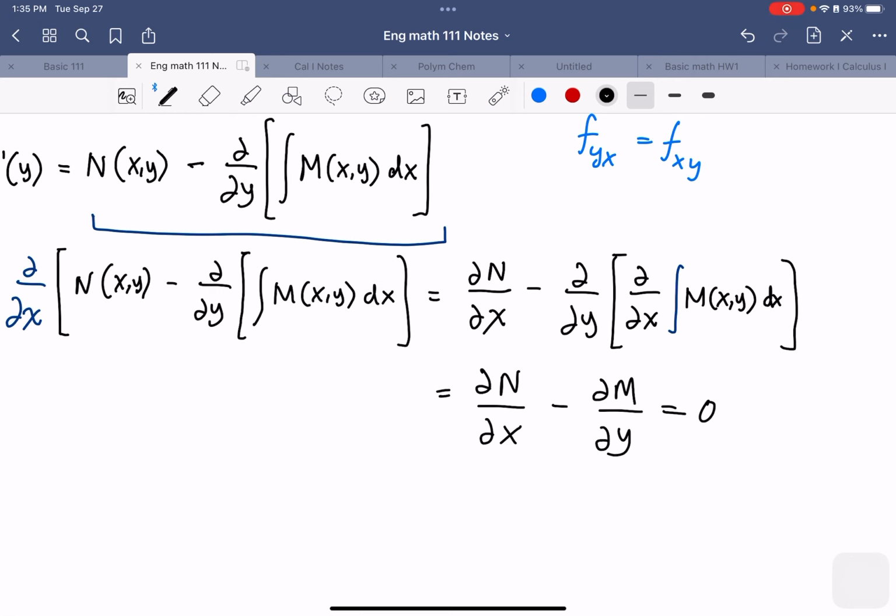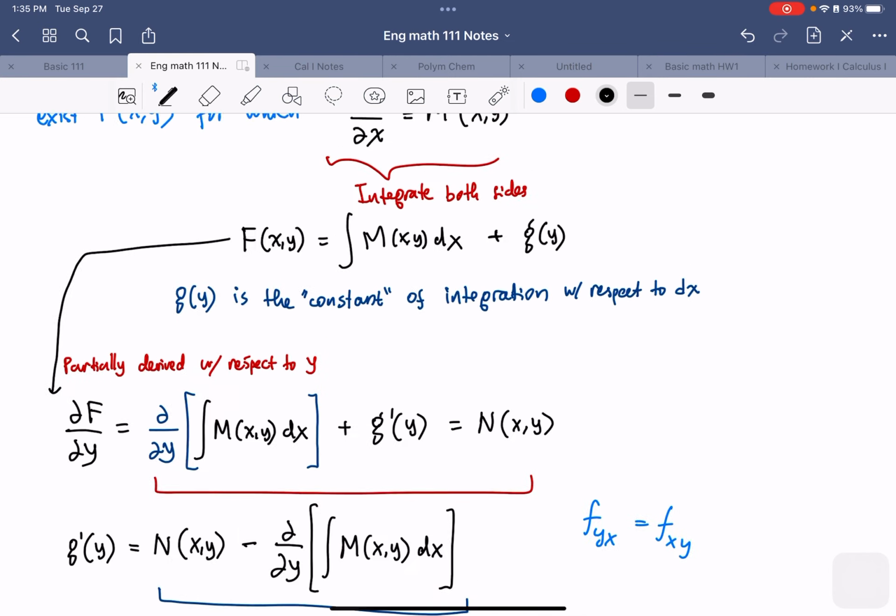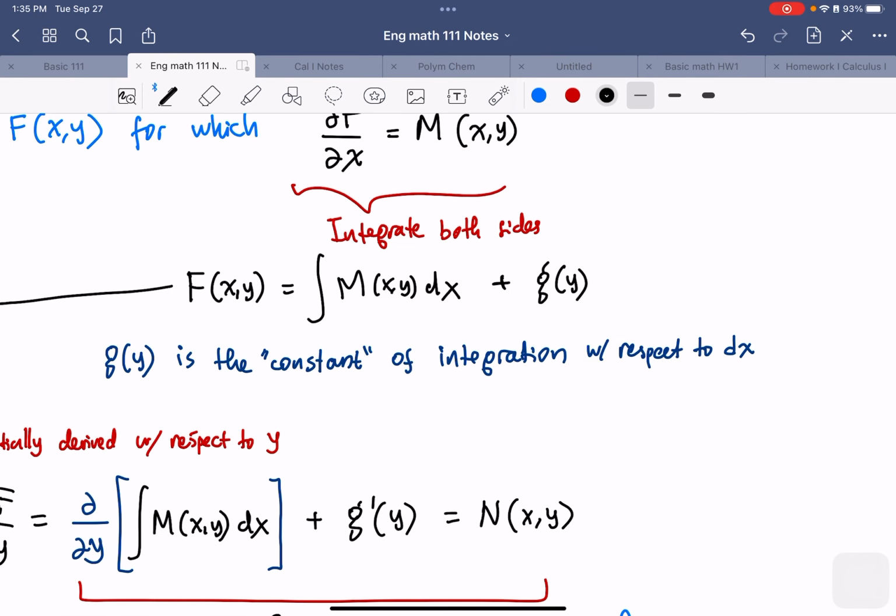If you would like to start from the other part, for example, here we start from M, we can also use N, and this one will become x. And the result, when you elaborate, will be the same.